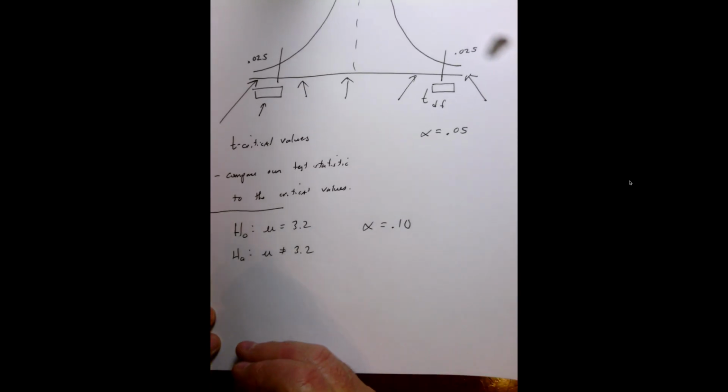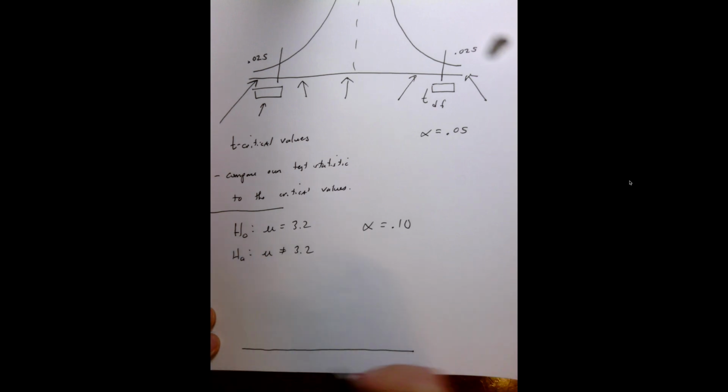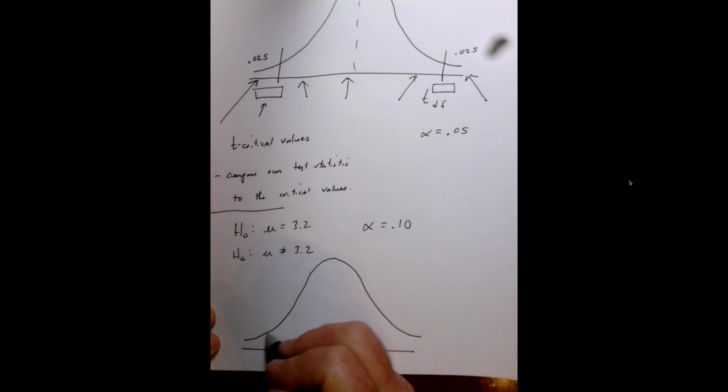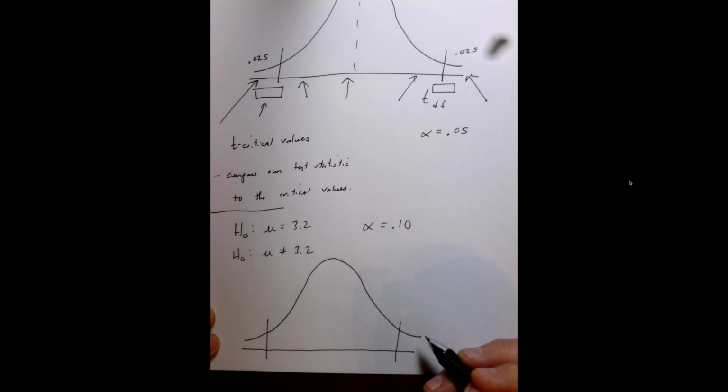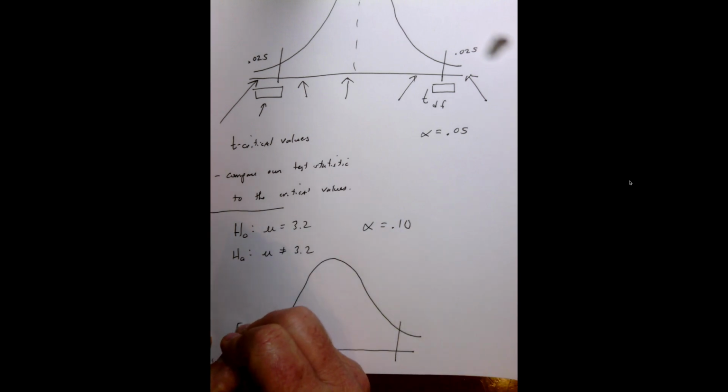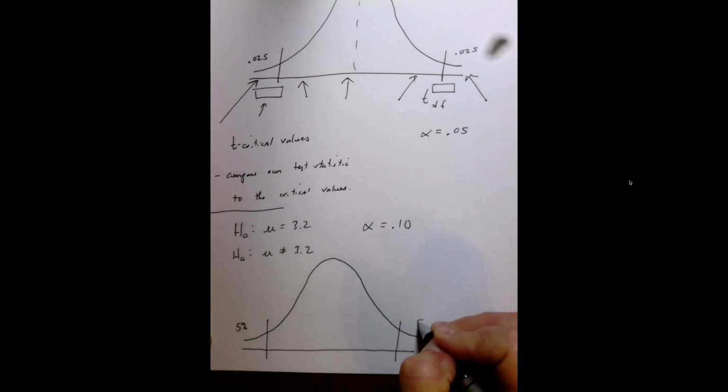So our underlying probability distribution will have the tails of rejection out here. Since we have 10% of our distribution as our tails of rejection, we will split that into 5% on each side. Now I need to find the t-critical value that separates these regions.